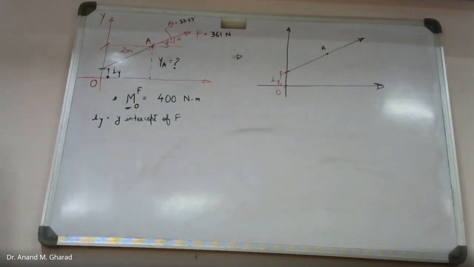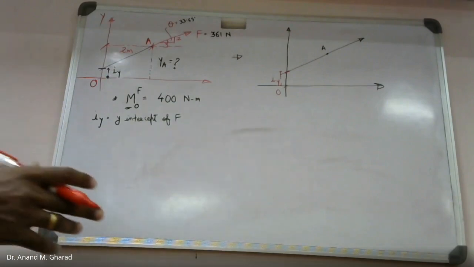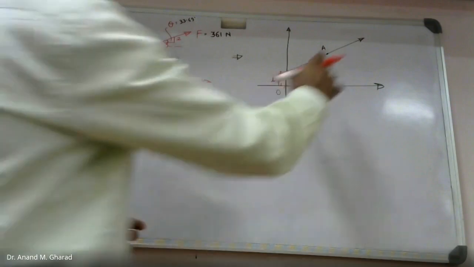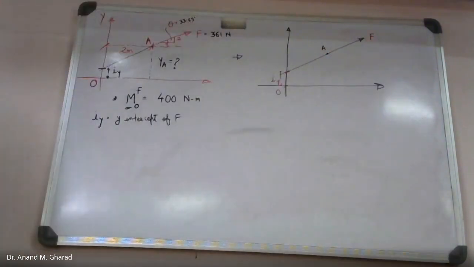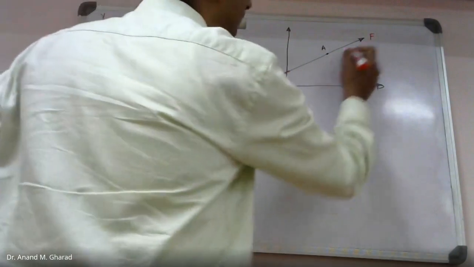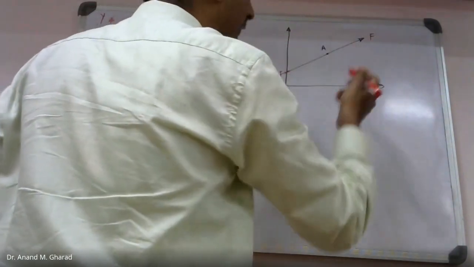Again, remember, whenever you are asked to find out the distance, that means you are supposed to take moment, or in short, consider Varignon's principle whenever inclined forces come into picture. So again, you are supposed to consider the moment equation.